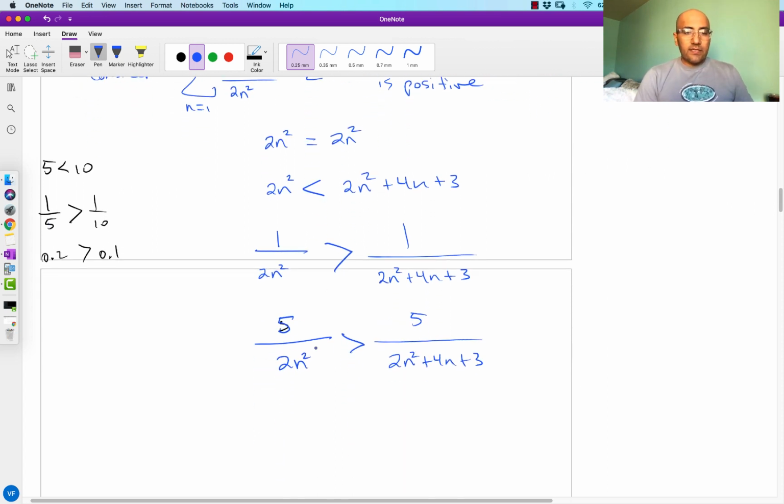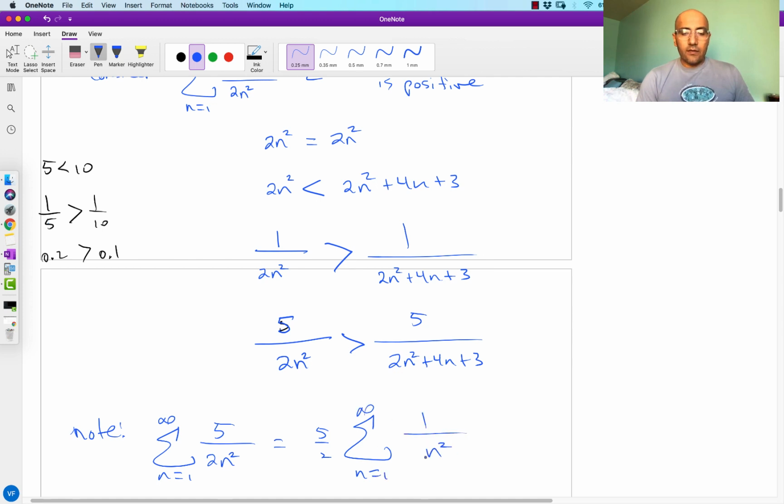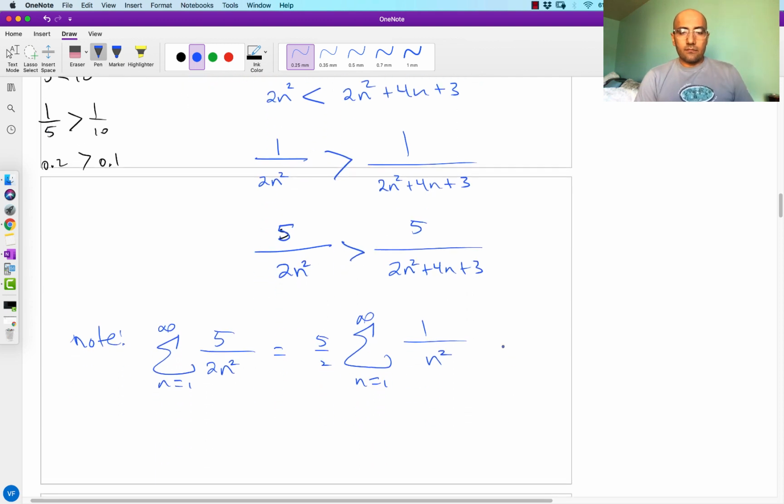Now let's think about what this is. So note that the series of this guy, from 1 to infinity, is equal to, let's pull out the constant, 5 over 2, sum of n goes from 1 to infinity of 1 over n squared, and this is a p-series with p equal to 2.